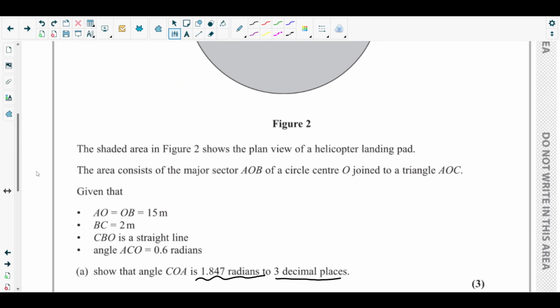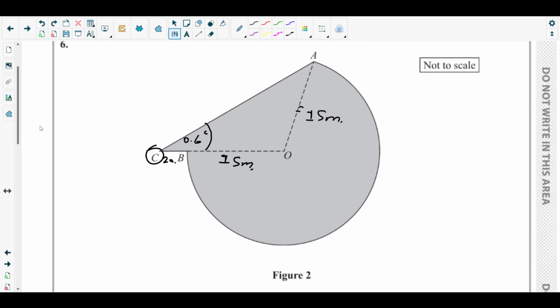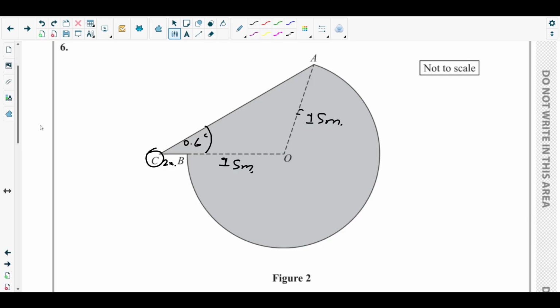Okay, so if I talk about the cosine rule, for the cosine rule, if we want to find out the angle, then we need to know the 3 sides of the triangle.